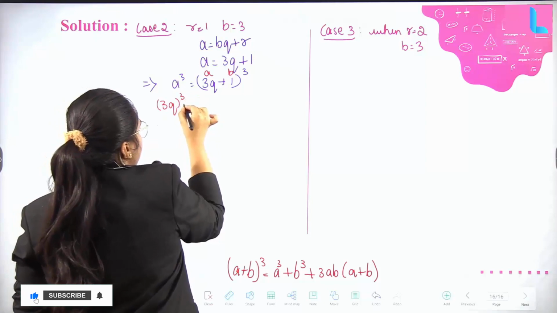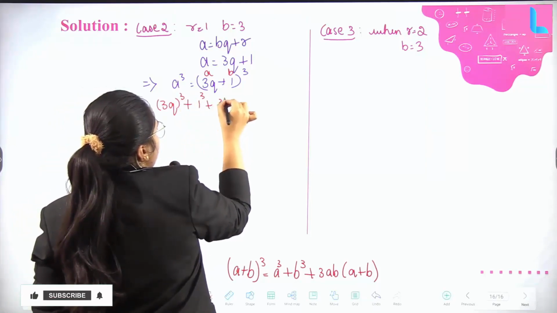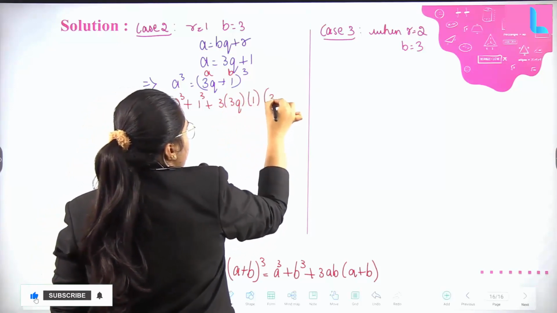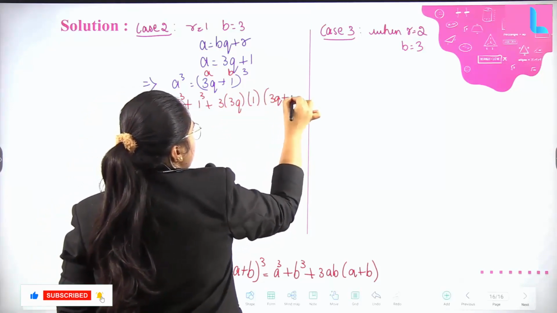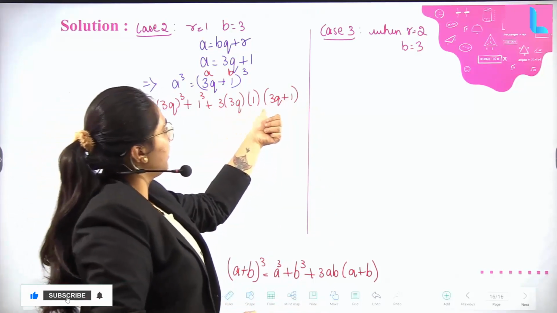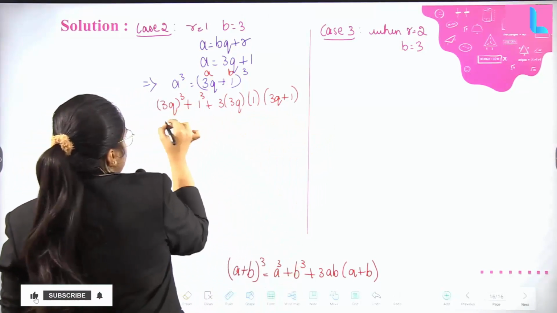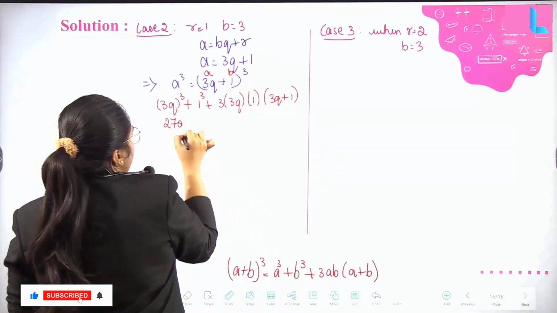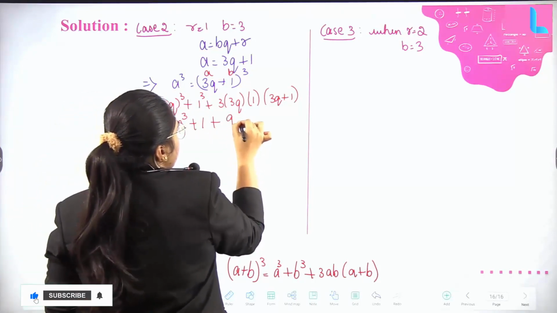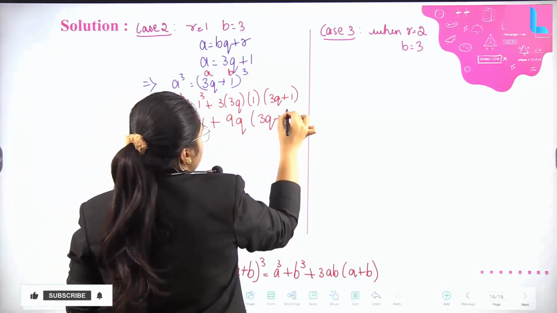a³ + b³ + 3 into a into b into (a+b). Okay, this is a³, b³, 3ab into (a+b) is what you have to substitute. 3 3s are 27q³ plus 1 plus 9q into (3q+1).